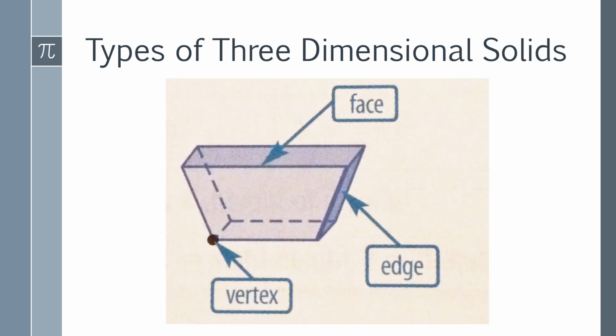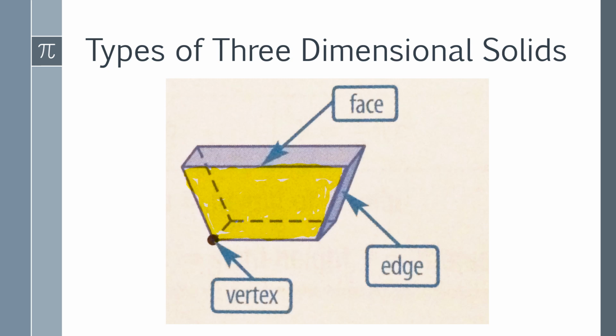So we'll see on this diagram here each one of these different pieces of a three-dimensional solid. Again, this entire part here that would encompass this section or this side of the polyhedron is a face, right?